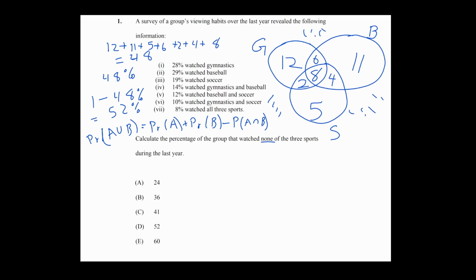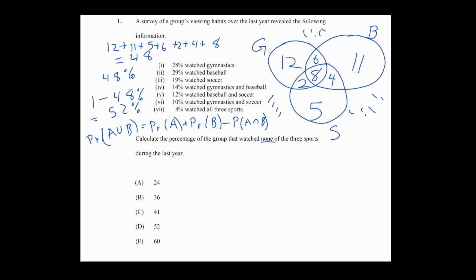So that means that the probability of gymnastics, so this whole circle, plus the probability of baseball, this whole circle as well, minus the 6 and the 8 in the middle. And why are we subtracting the middle?